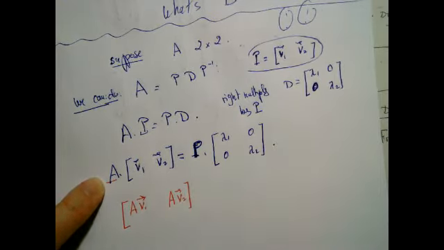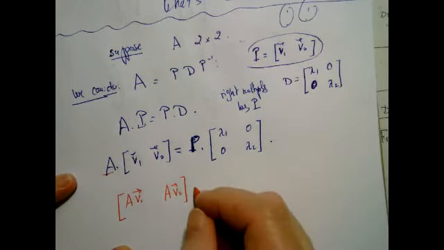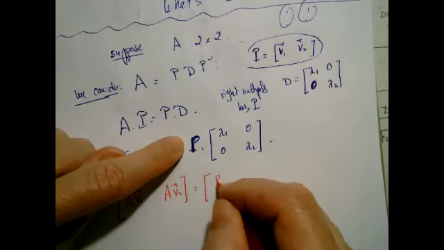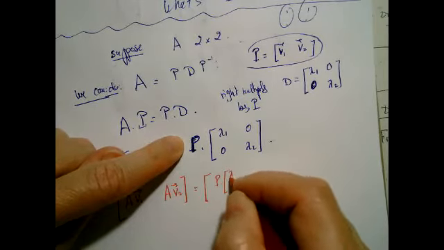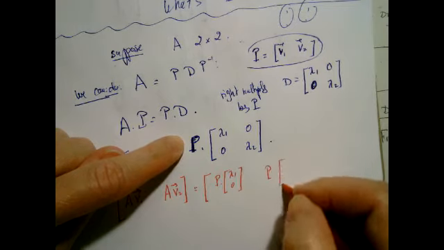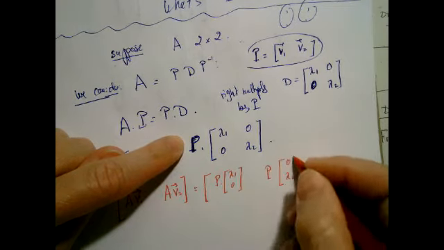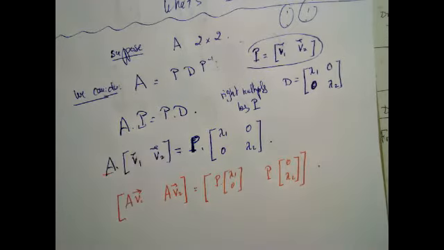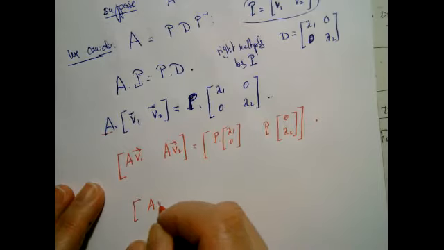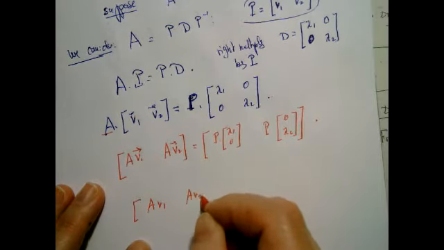That's the property of multiplication. And I'm going to do that here. This is the same thing as P times lambda 1, 0, and I'm going to distribute the P. So that gives me AV1, AV2 equal.